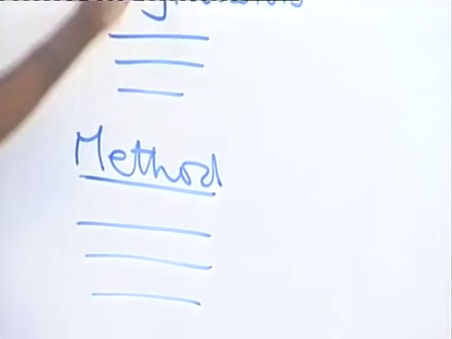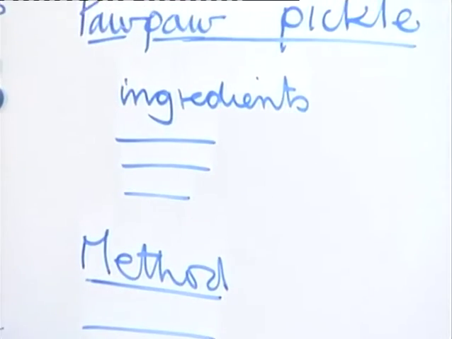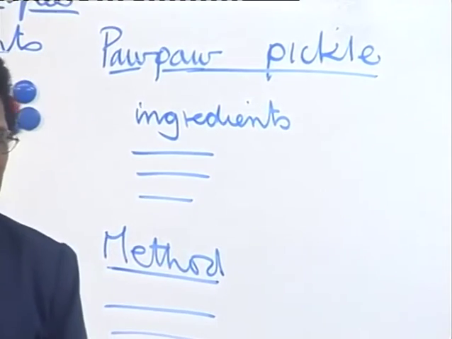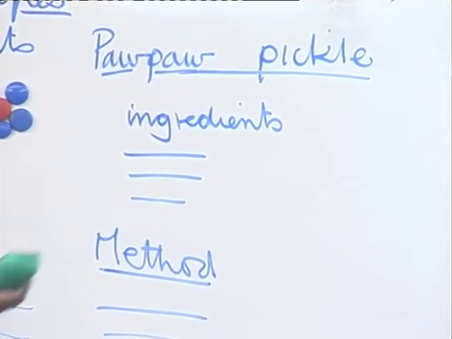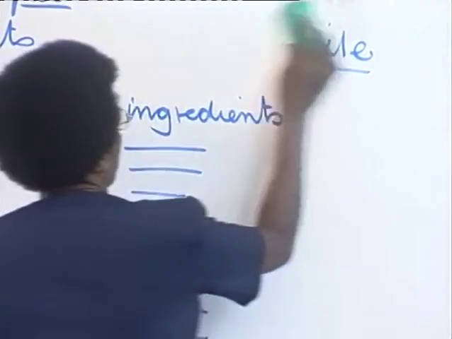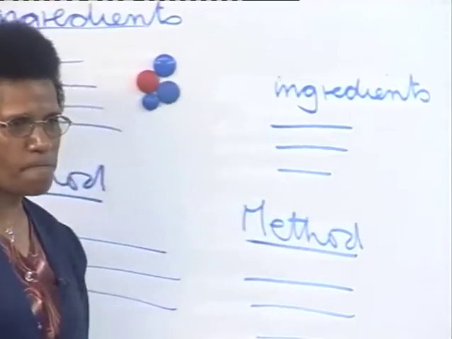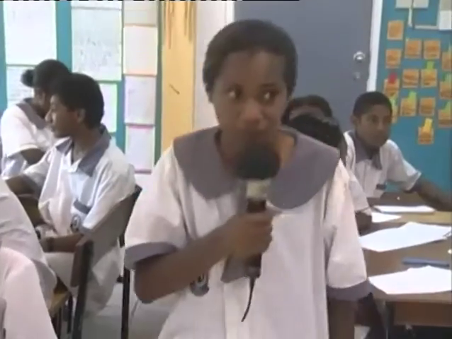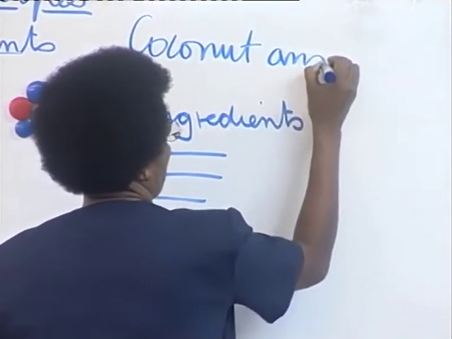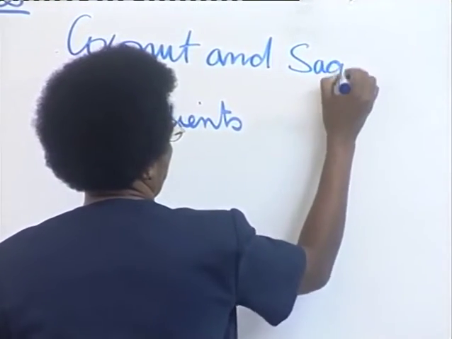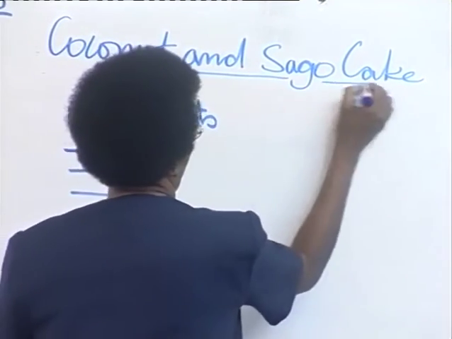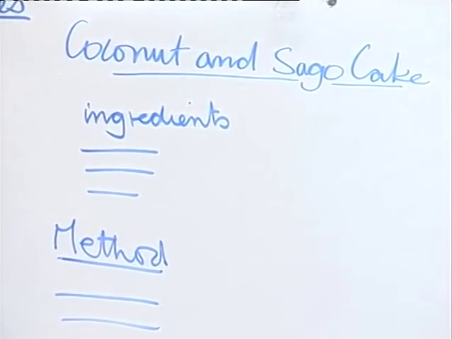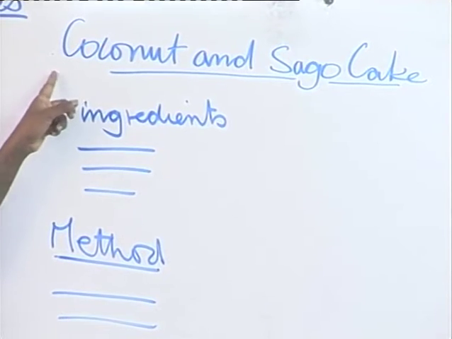So have your food dish on. Let's see if Linda can tell us what her food dish is. Let's have Linda's food dish up. Coconut and sago banana. Okay, that is Linda's food dish.